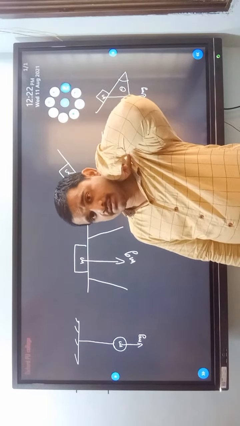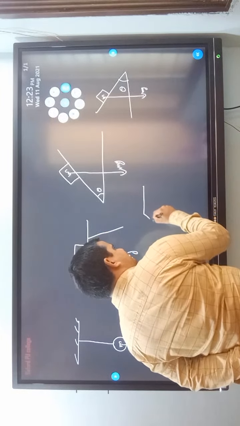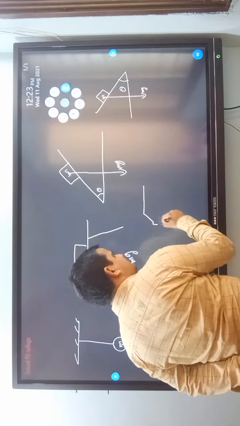Or we can take one more example like this. I'll draw here. What is this? A car. From the roof of the car, a sphere is suspended like this. Now the car is accelerating with very high speed.